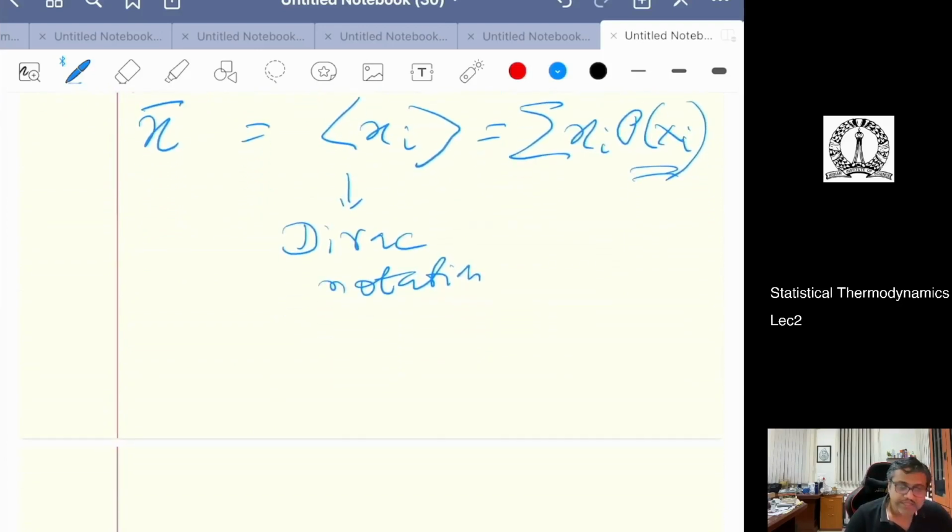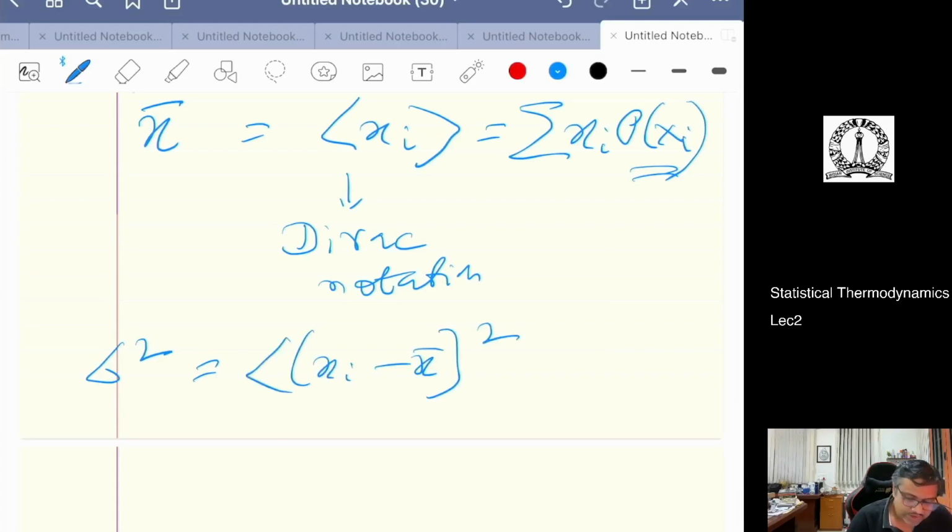Okay. So similarly, you can get something we call the variance, which is sigma square. Some of these are known to you, so it is like (xi minus x bar) square, and then the average of that.